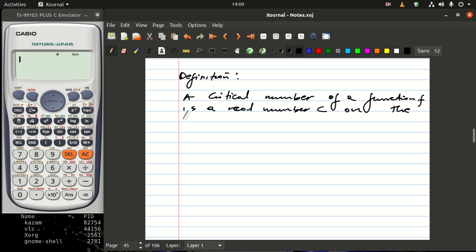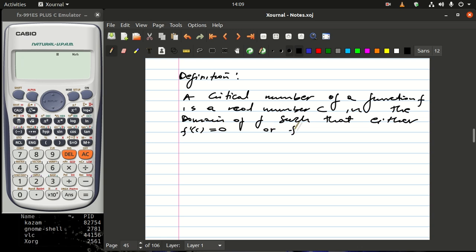in the domain of f, such that we have either f prime of c is equal to 0 or f prime of c is undefined or does not exist.